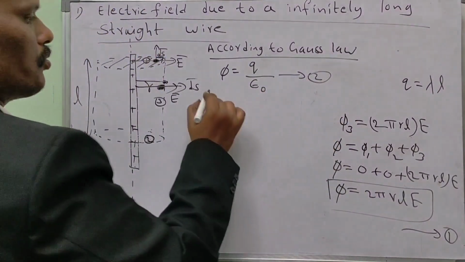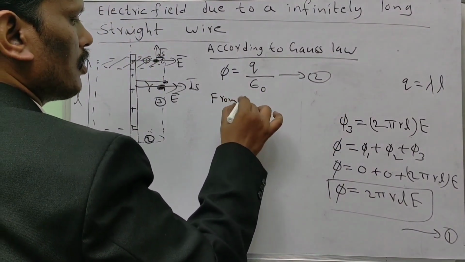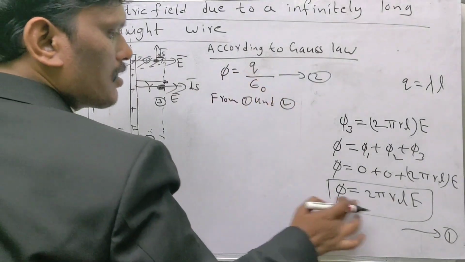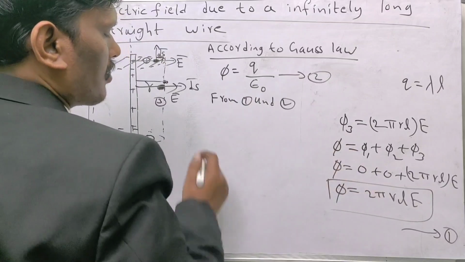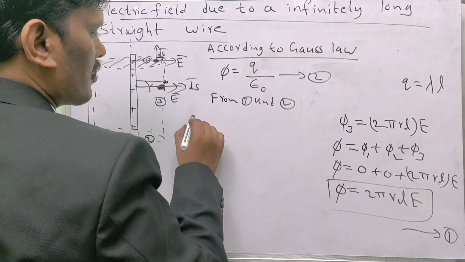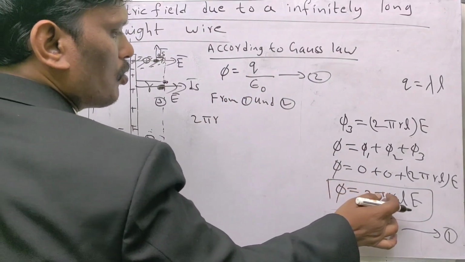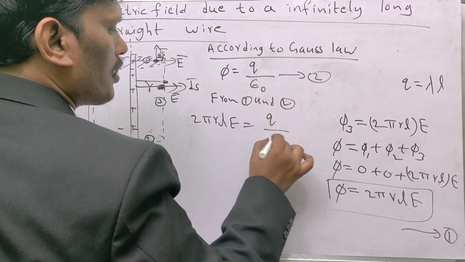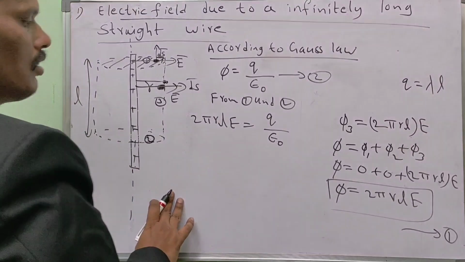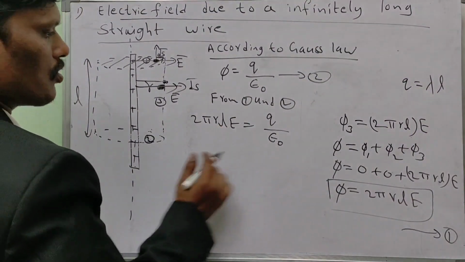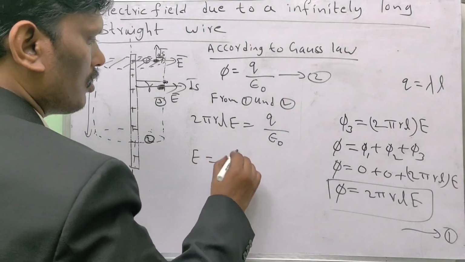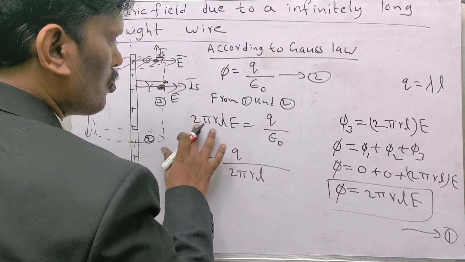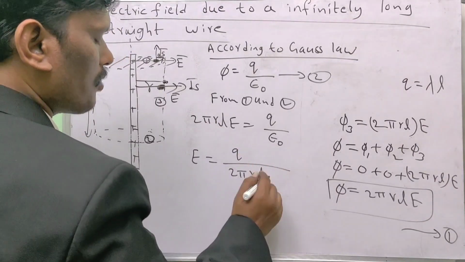From equations 1 and 2, this is phi, this is phi. Then equate the right hand sides. That is 2 pi r L E is equal to Q upon epsilon naught. Then transpose 2 pi r L to the other side. Then E is equal to Q by 2 pi r L into epsilon naught.